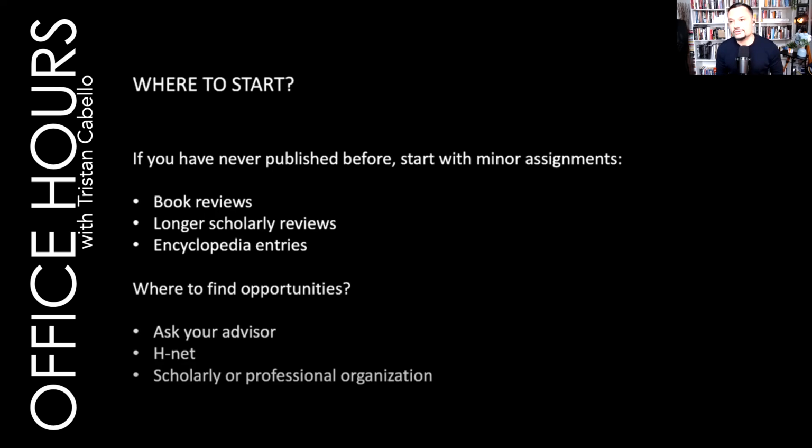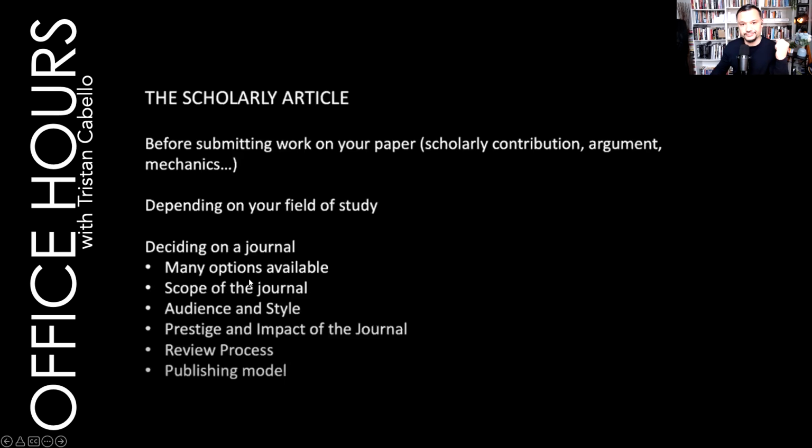First, you should ask your advisor if he has any advice to give you, any feedback to give you on where to publish your first academic article. And then there's a lot of different websites where you can find announcements for publication. For example, HNet is a good website, or your scholarly or professional organization in your field probably has also a lot of announcements, a lot of ads to publish your article.